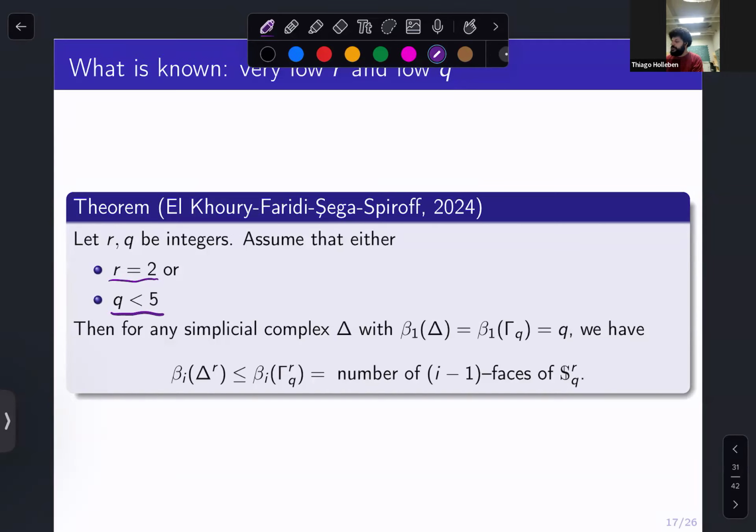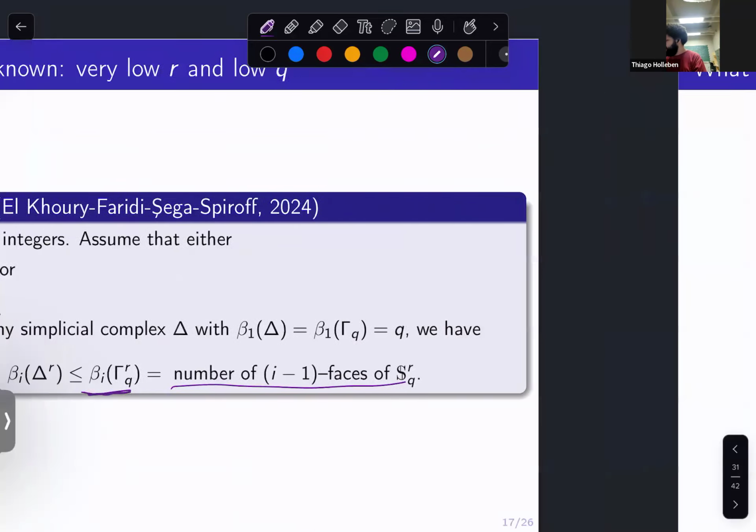So if you take any simplicial complex with beta 1 equal to Q, then when you look at the Rth power, the betti sequence is going to be bounded above by the betti sequence of gamma Q, and the betti sequence of gamma is equal to the number of faces of this weird complex defined using the integer programs. Okay, so these are very specific conditions, and it's because the problem gets really hard very fast.